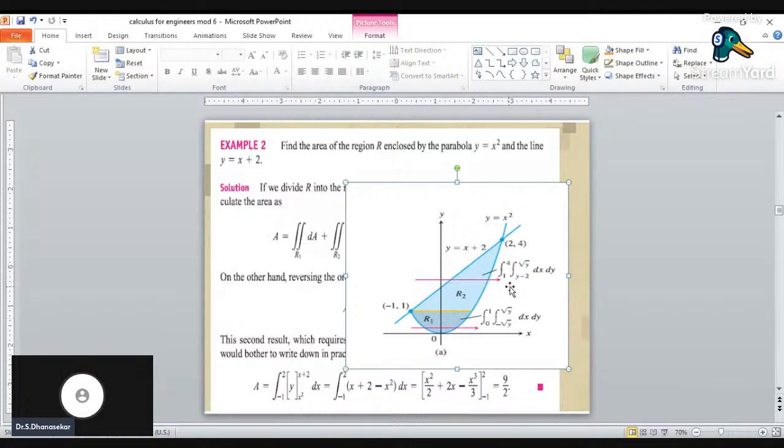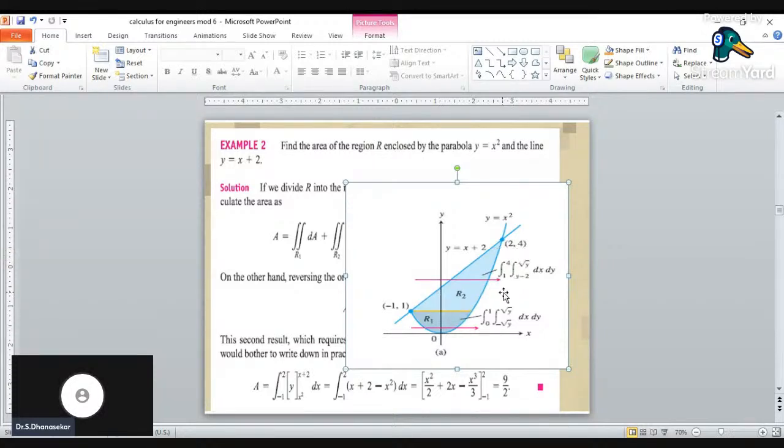Now when it comes to this place, it draws here. That means x is equal to y minus 2 and x equal to root y, because since it's in the first quadrant, it's positive. So y minus 2 to root y. At that time, y varies from this point, which is 1, to this point, which is 4.